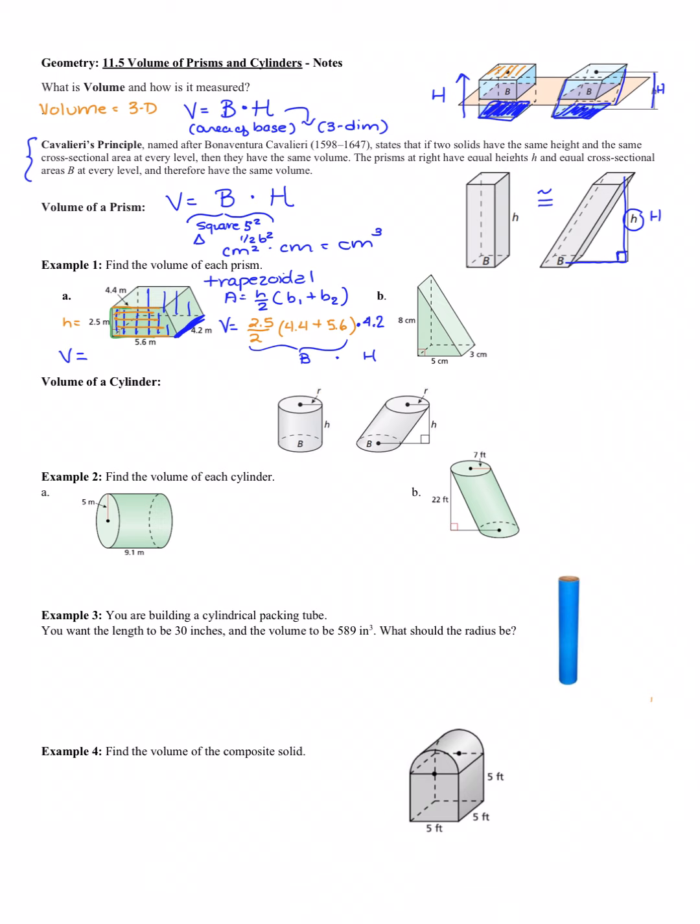Really, I would just plug it in using the parentheses as you see it. You will get 52.5, and since it's in meters, it will now be meters cubed. That would be the final volume. All right, so make sure you can plug that into your calculator correctly. Again, we found the area of the base and then multiplied that by the three-dimensional height.